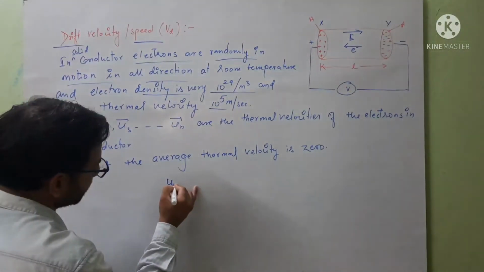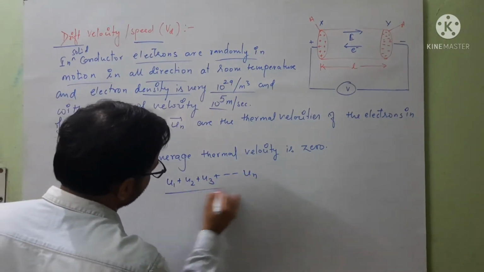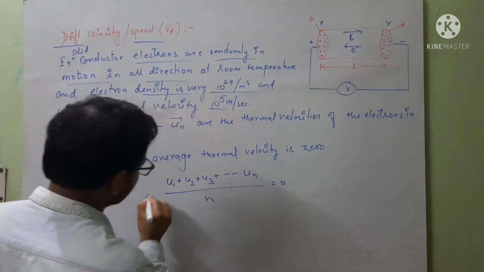We can say the thermal velocity u1, u2, u3 dot dot dot un over n is equal to 0.